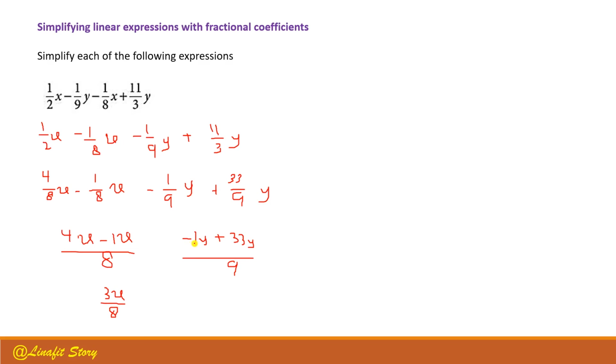And then here, negative 1y plus 33y is equal to positive 32y out of 9. So, the answer is equal to 3 out of 8x plus 32 out of 9 y.